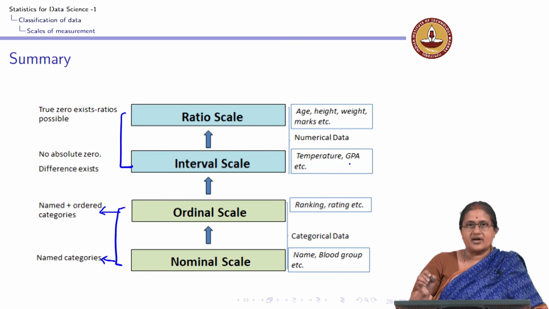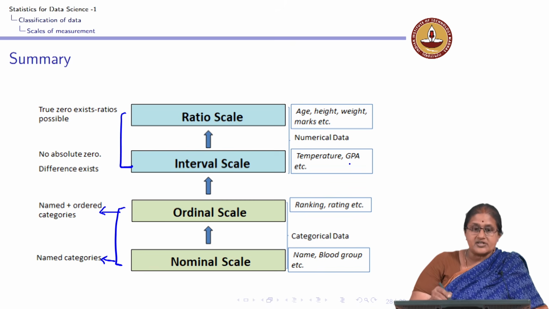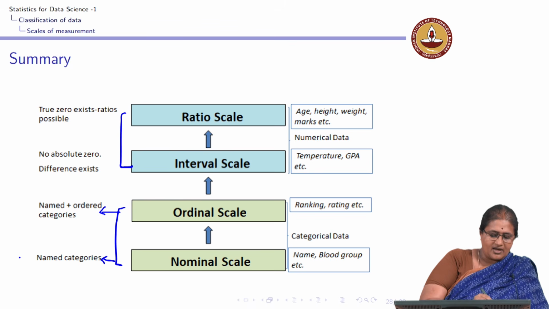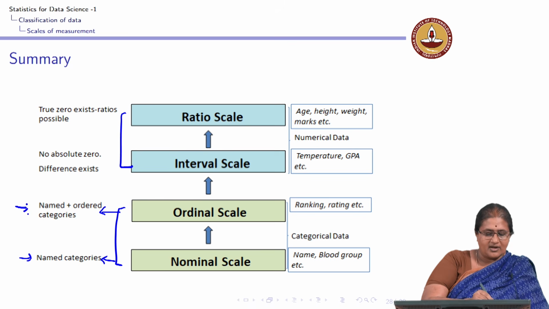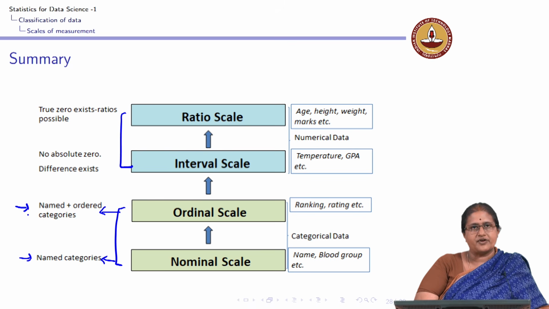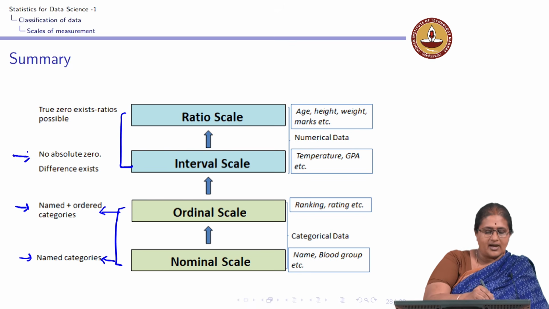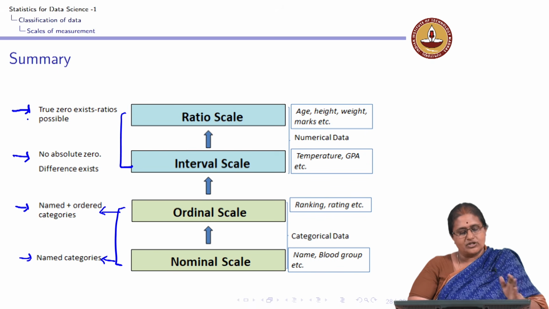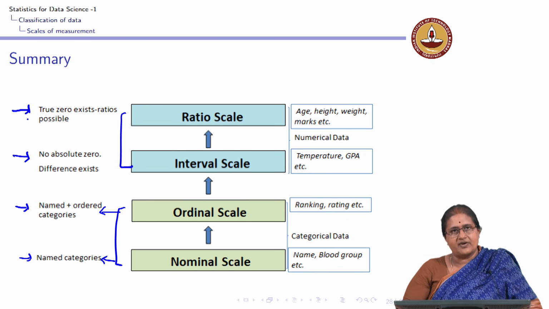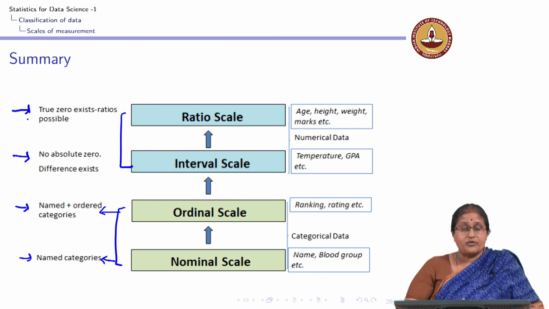So, whenever we are given data, why are we interested in the scales of measurement? Here you can see no arithmetic operations are possible. Here I can have some sense of an order. Here I can do addition, subtraction. Here I can do all arithmetic operations. So, the minute I identify the variable, the type of questions I ask makes sense.